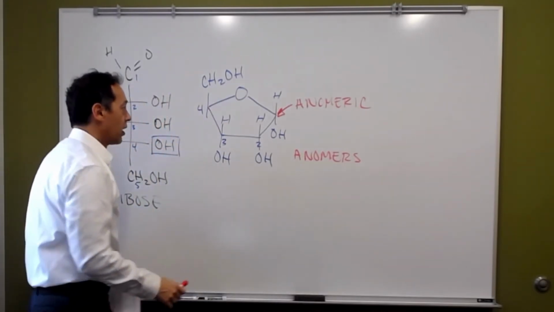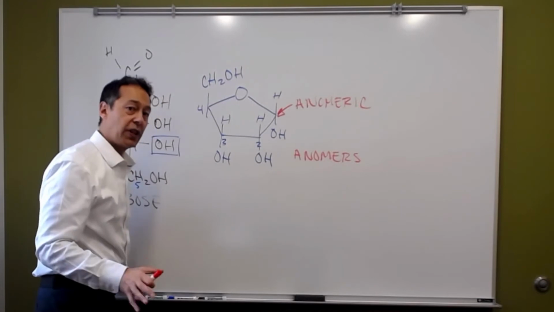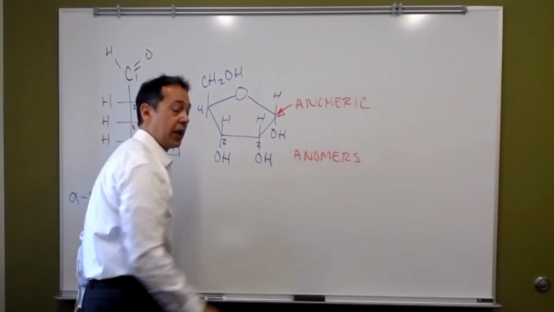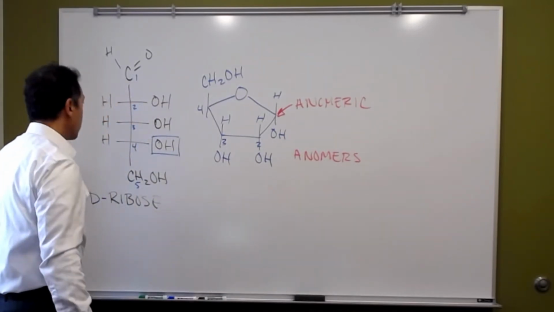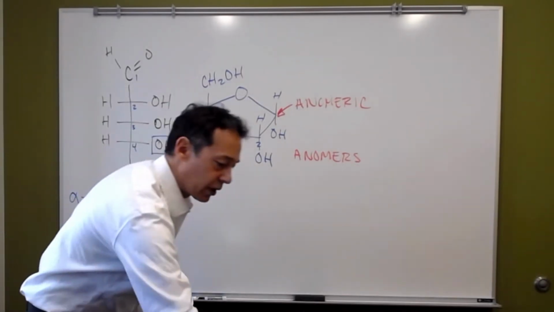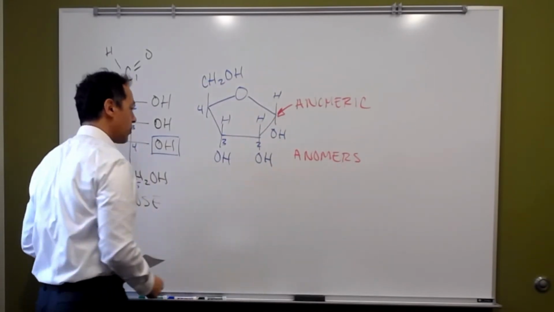Anomers are just the same structure for the carbohydrate, and the only thing that makes them different is whether this is in the alpha or the beta position. So that there is a pentose, forming a 5-membered ring like this.